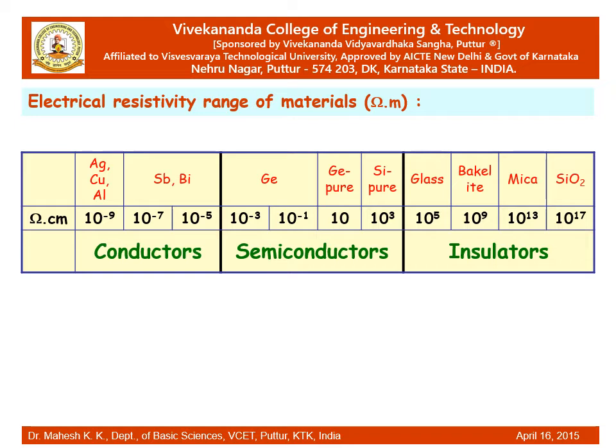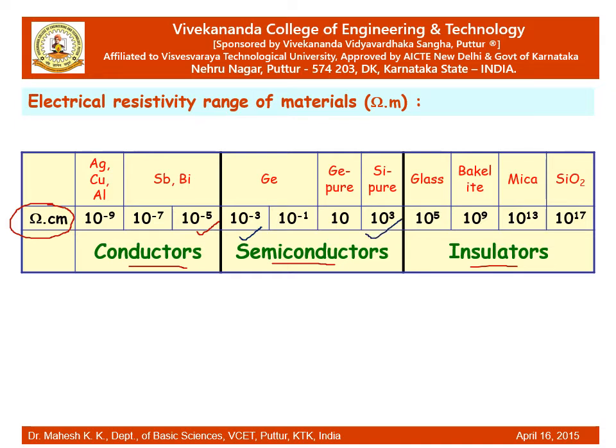Here I am giving you one table for a broad classification of conductors, semiconductors, and insulators based on the values of electrical resistivity. For conductors, if the value is around 10 to the power minus 9 to 10 to the power minus 5, then they are conductors. If the value of the electrical resistivity is 10 to the power minus 3 to plus 3, then it is semiconductors.